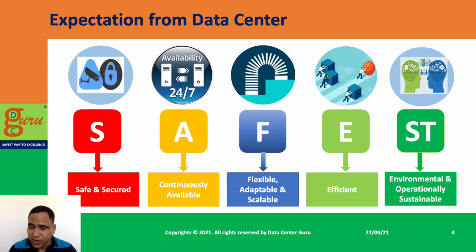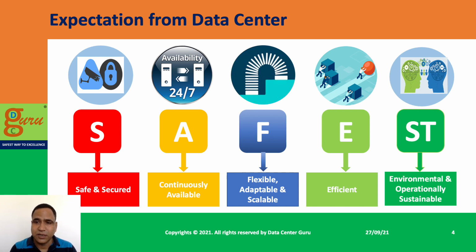What you expect from the data center is that it needs to be safe and secure. How to make it safe and secure? You need to develop measurable parameters in terms of technological deployment and day-to-day operational processes. Second, it has to be continuously available.